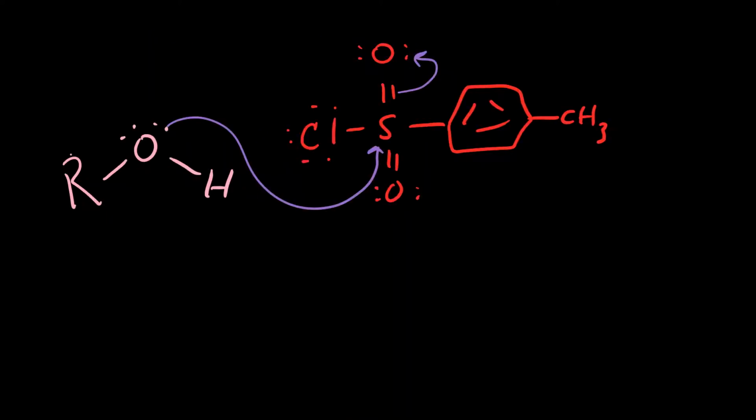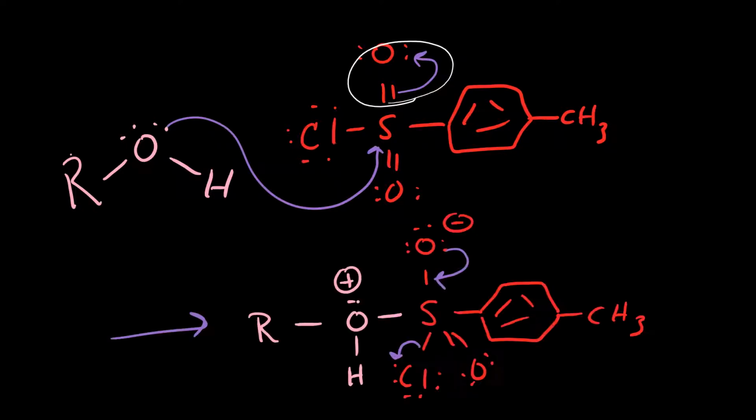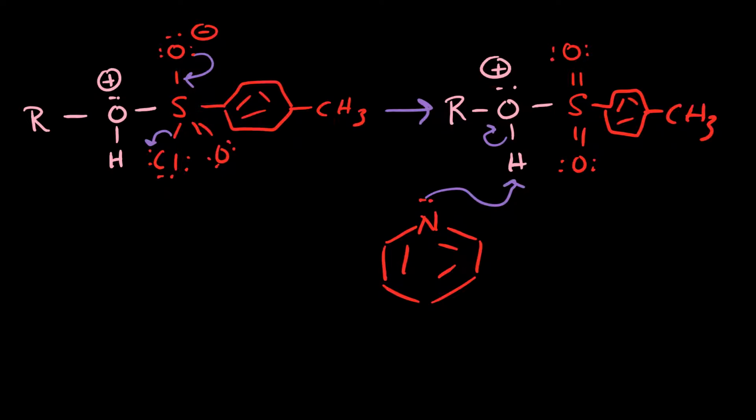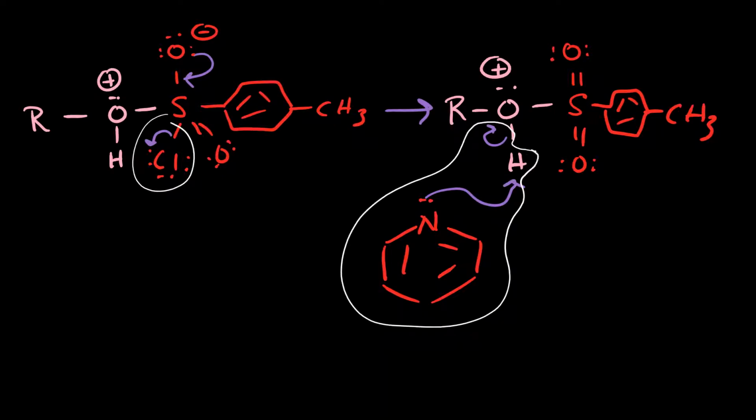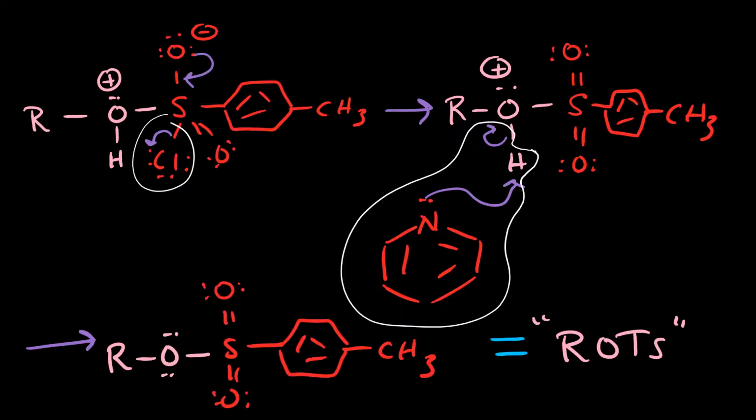The alcohol will reach out and grab a hold of that sulfur electrophile, and you'll see this pi bond open up, and then in a second step it closes back, displaces a chloride ion, and after the chloride ion is displaced, the pyridine will deprotonate this oxygen atom, and we will end up getting the neutral tosylate.